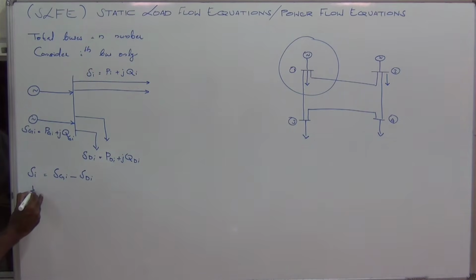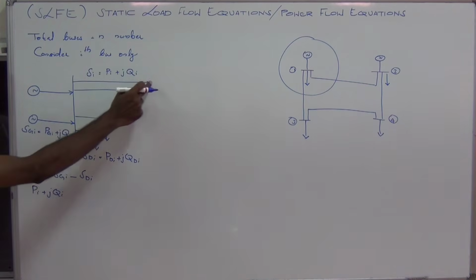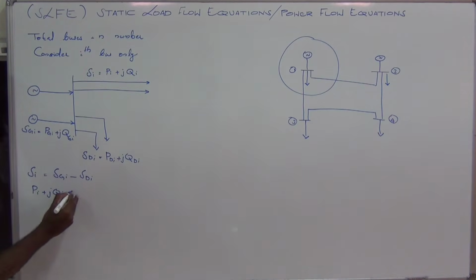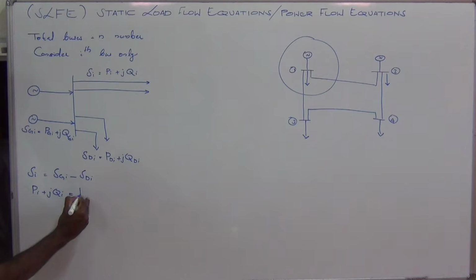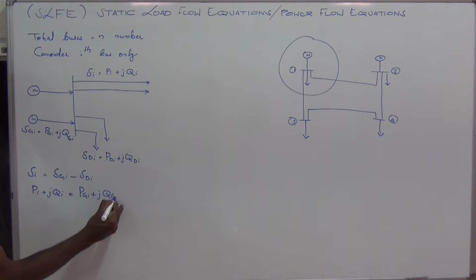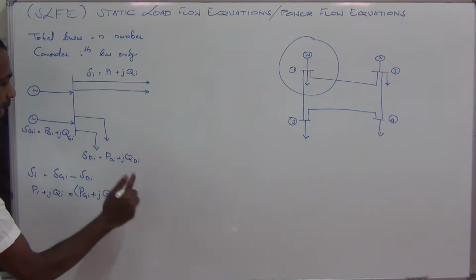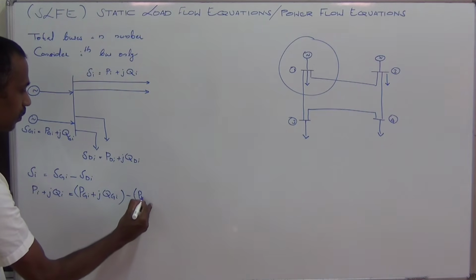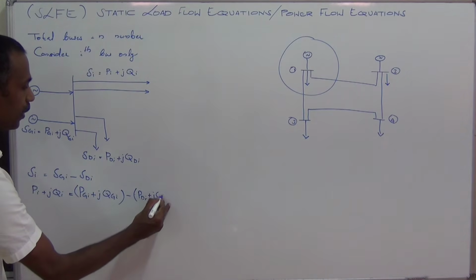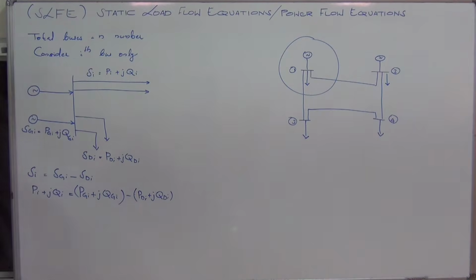Or we can write this as Pi plus j into Qi, that is the power transmitted. This is equal to the generation PGi plus j into QGi minus the demand. The demand is PDi plus j into QDi.